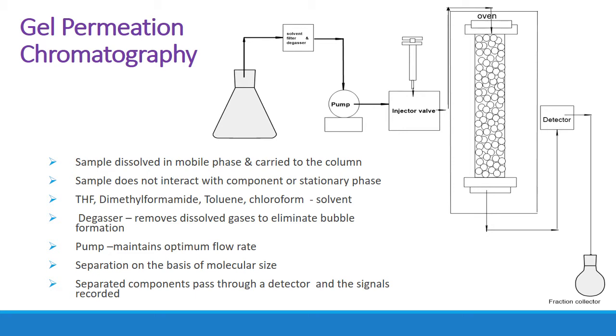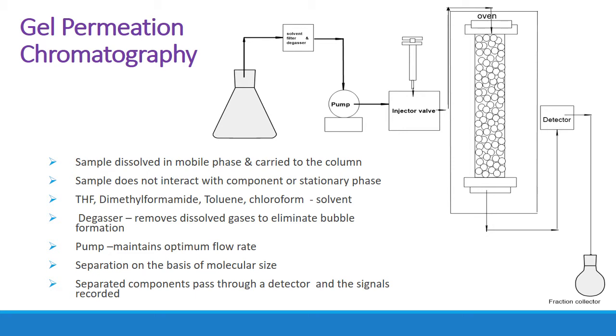are also used. The solvent from a reservoir is filtered free of particulate matter and passed through a degasser to remove dissolved gases. This is because the presence of dissolved gas may lead to the formation of bubbles in the column, which may lead to variation in the flow rate and thus band spreading.